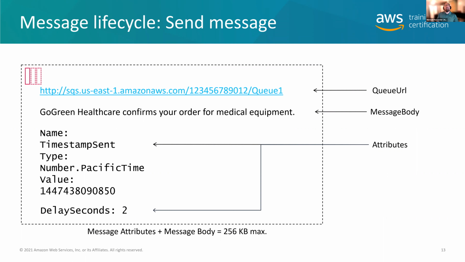If you're using the SDK for Java, you can actually extend the message up to 2 gigabytes. So you can put a large payload in using Java, but typically people don't do that. Typically, if something needs to refer to a larger data set, in that 256K message they'll refer to an S3 URL or another data store, right?